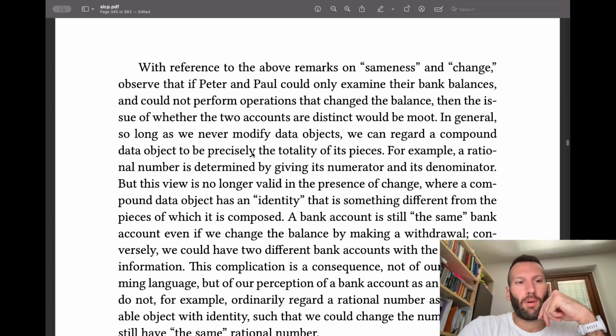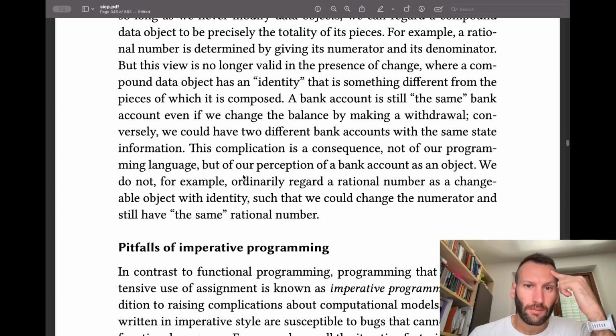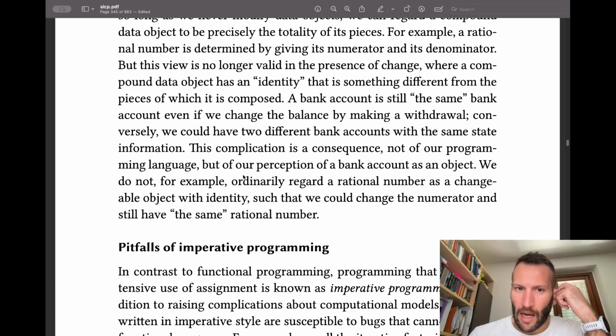For example, a rational number is determined by giving its numerator and its denominator. But this view is no longer valid in the presence of change, where a compound data object has an identity that is something different from the pieces of which it is composed. A bank account is still the same bank account even if we change the balance by making a withdrawal. Conversely, we could have two different bank accounts with the same state information.